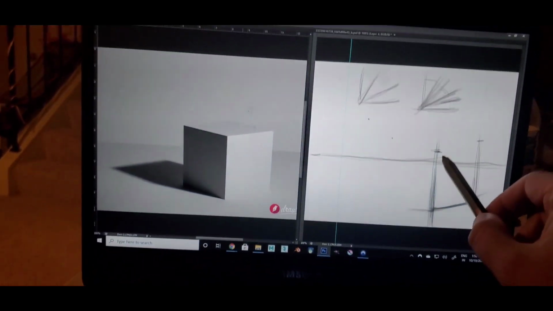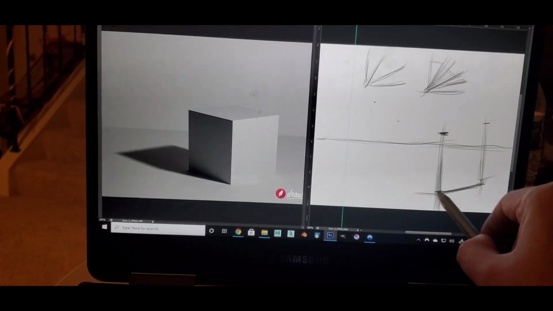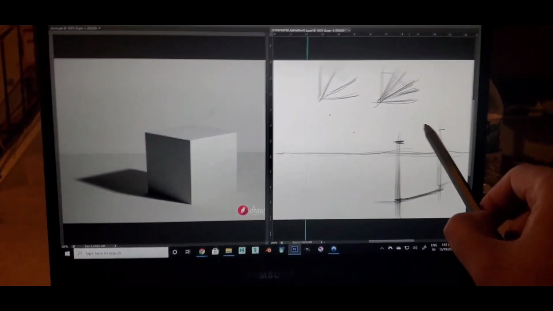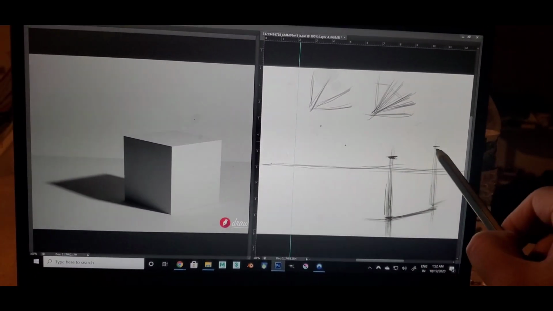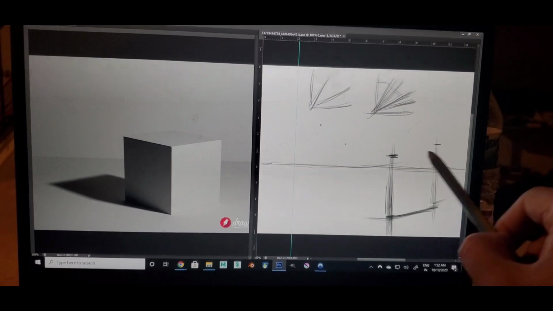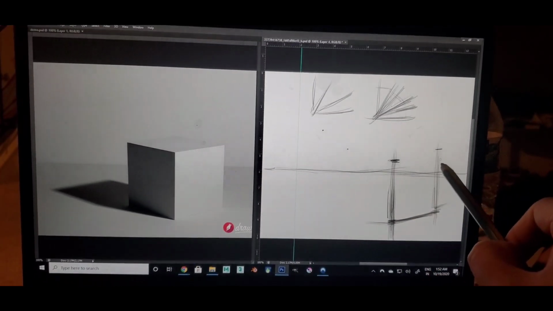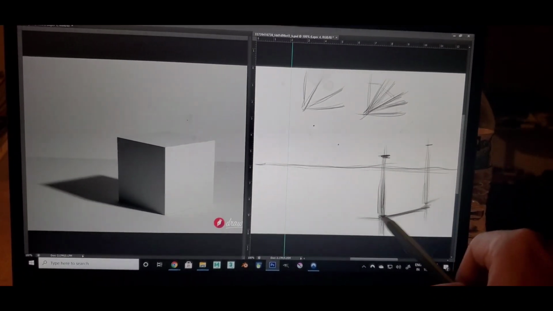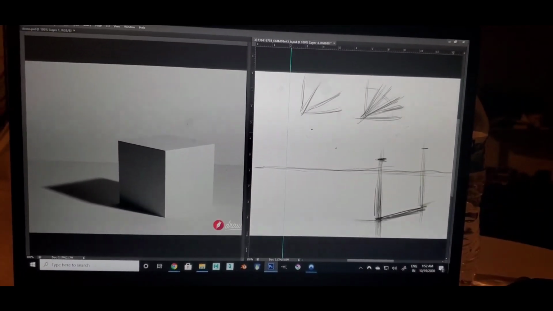Now once I know this, here we have to use our knowledge of perspective. This line can never be taller than this line. This edge has to be taller than this. You know why? Because these two lines have to go and meet at a vanishing point.